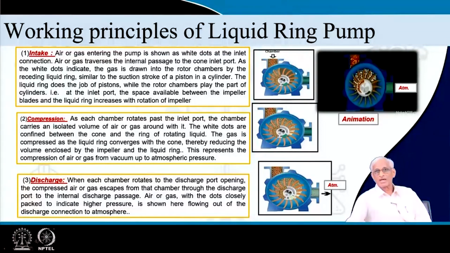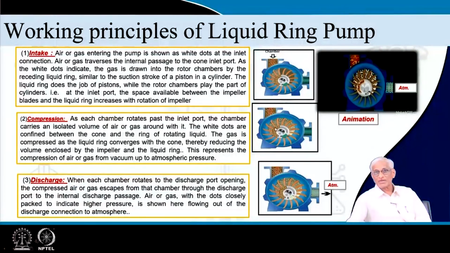When the impeller starts rotating in a water ring, this blue thing is the water ring, and this ring is isolating the impeller from the body pneumatically, and at every portion the tip is touching the water ring.